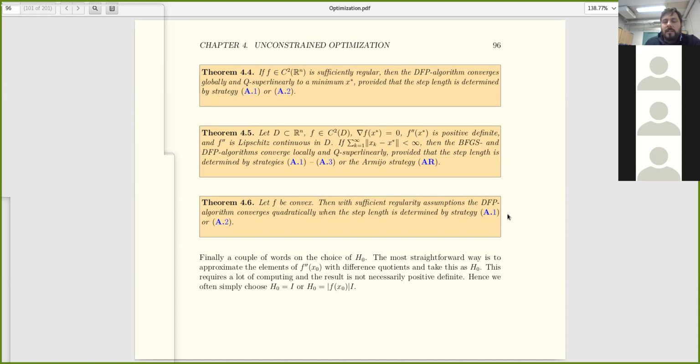Also, this theorem states that if you have a critical point at which the gradient is 0 and the positive definite Hessian at that point with Lipschitz continuity, then these algorithms converge, provided that we are doing a suitable step length strategy. So these are not something I ask in the exam, but you can revise and review them if you are going to be using some of these methods later on.